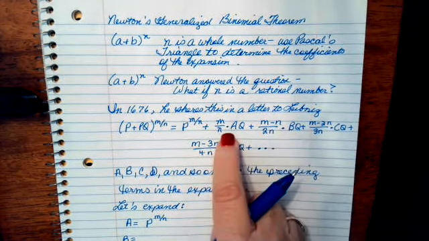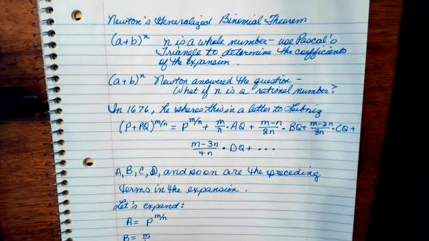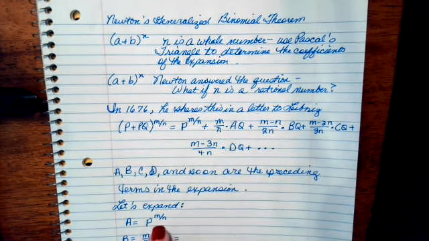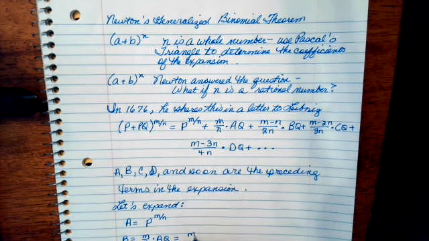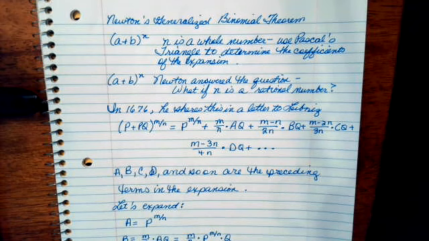It's equal to the second term, but the second term is m over n times A times Q. Well, now I know what A is. A is P to the m over n. So that's m over n times P to the m over n times Q.